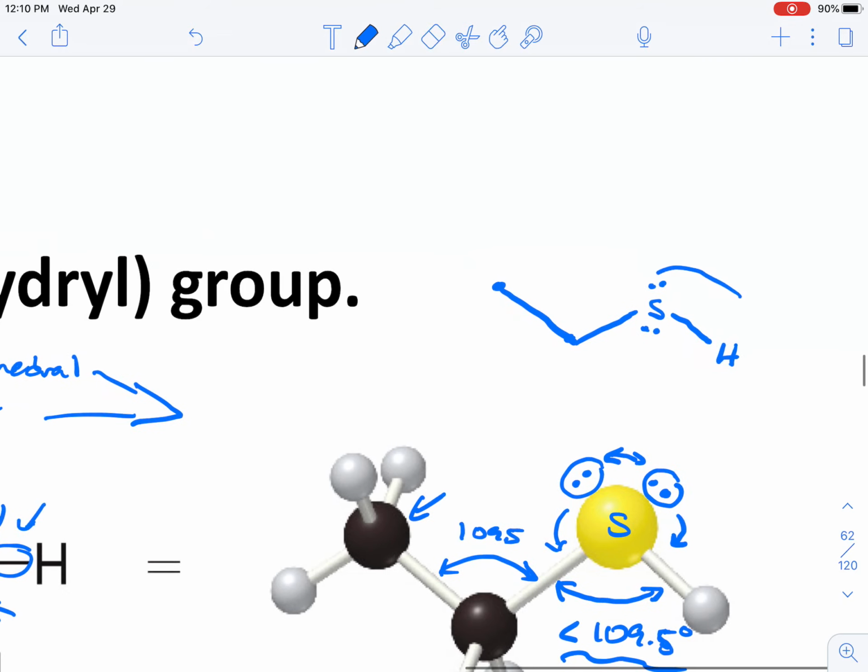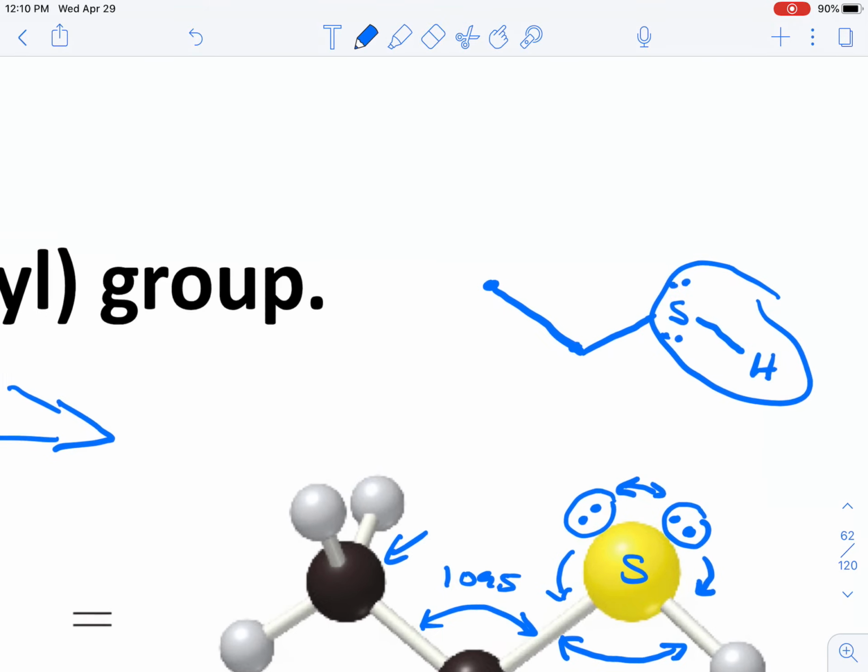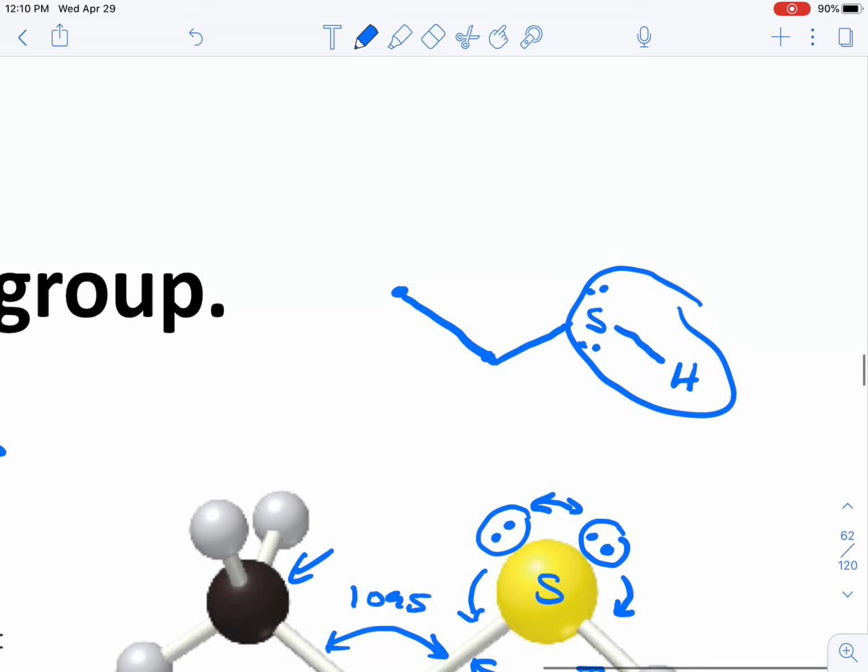Now, typically, we combine these together to shorten the amount of time it takes to write this functional group. And so we commonly represent the sulfhydryl group as just SH.